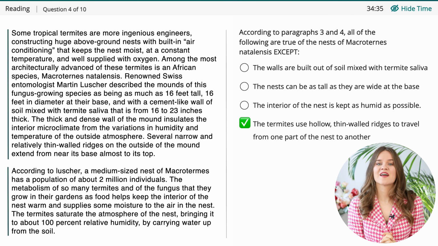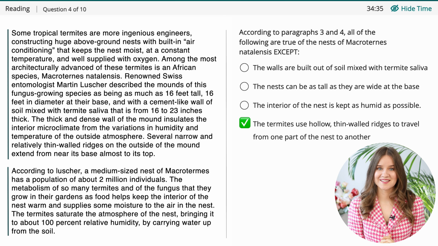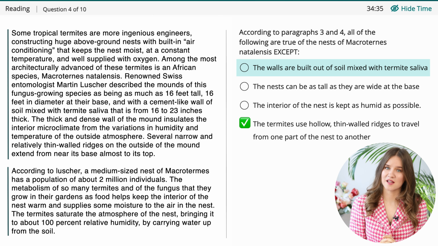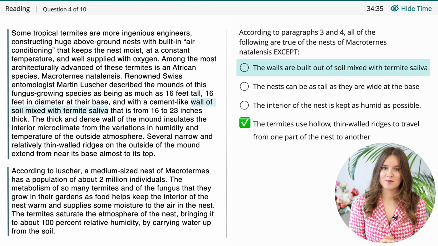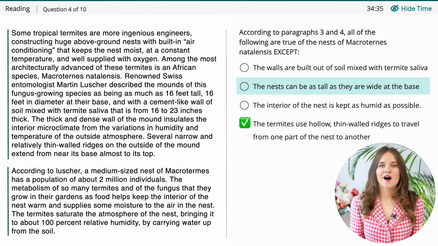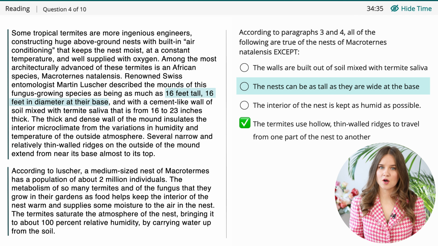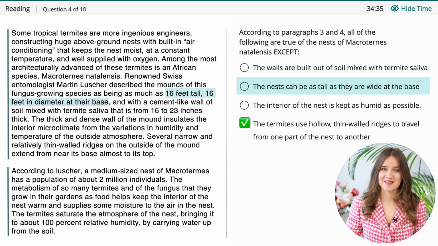Let's quickly look at the other choices. They're all true through the paragraph, though paraphrased. The walls are built out of soil mixed with termite saliva. The passage says, walls of soil mixed with termite saliva. The nests can be as tall as they're wide at the base. It says, the nests are 16 feet tall and 16 feet in diameter at their base.